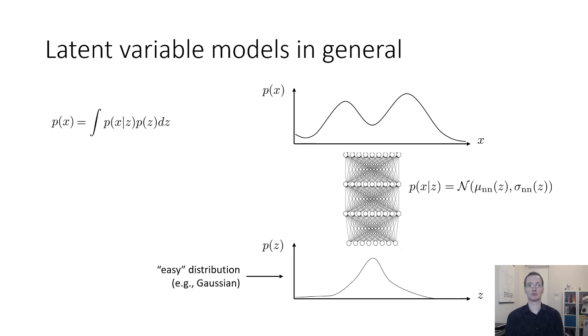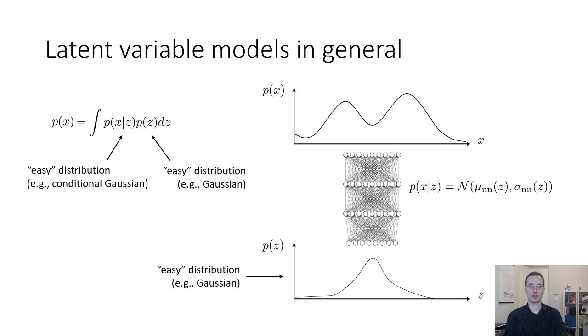The place where the integral becomes problematic is when we want to train this model, because we would train with maximum likelihood, and that requires somehow estimating P of x. But the integral consists of the product of two easy distributions, P of z, which we refer to as the prior, and P of x given z, which is our learned model.